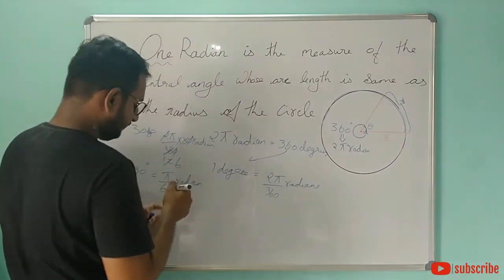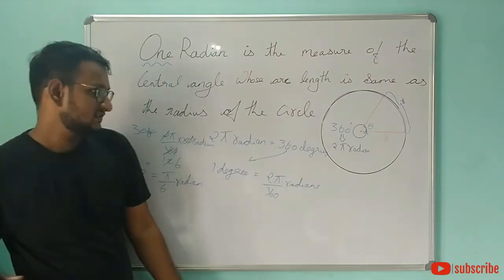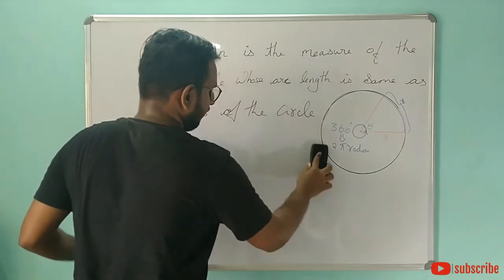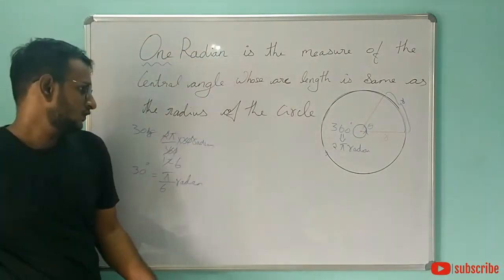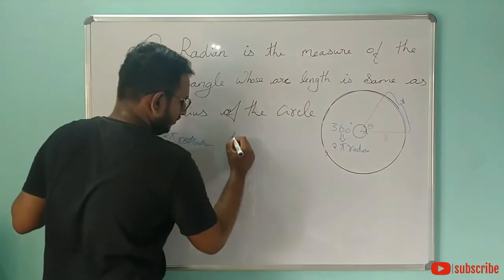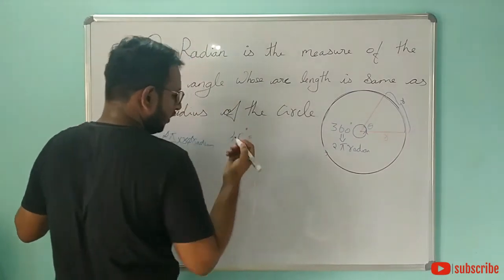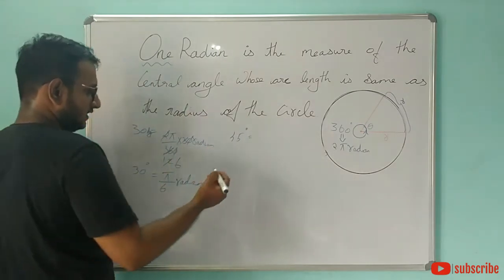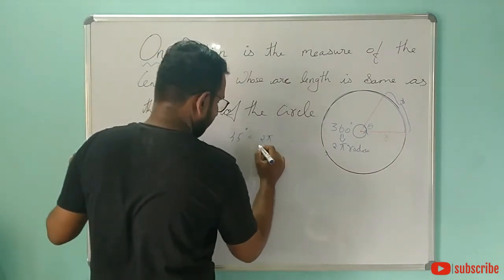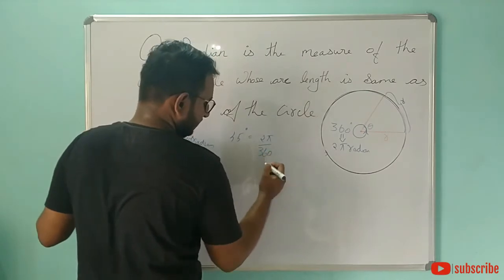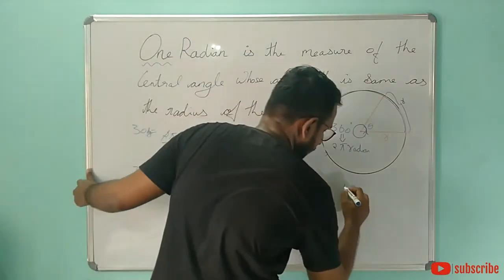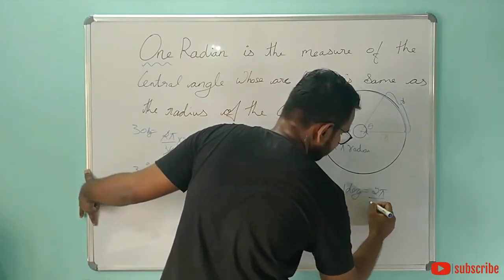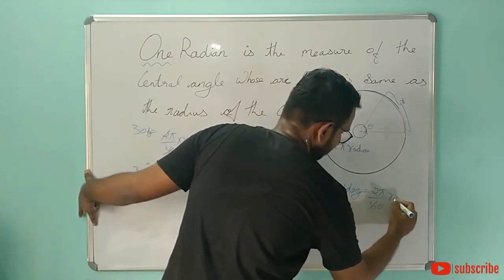Okay, so let's find it for 45 degree. Again, the equation I derived is 1 degree is equal to 2 pi by 360 radian.